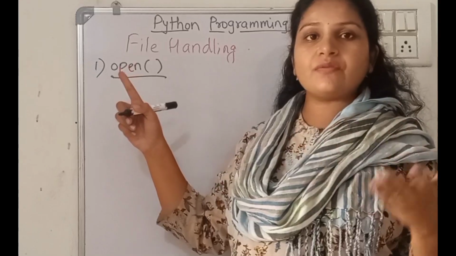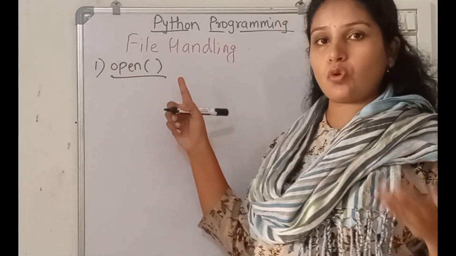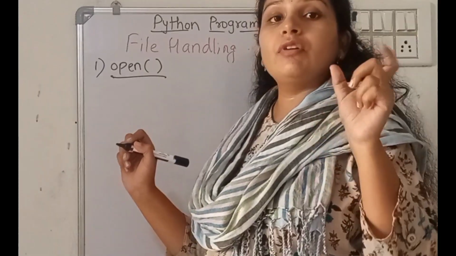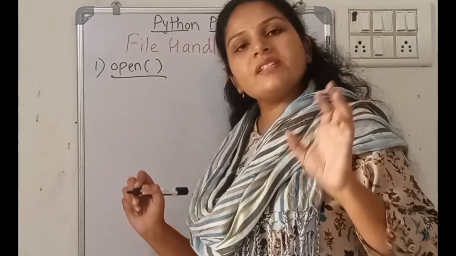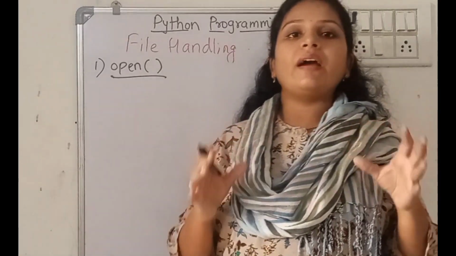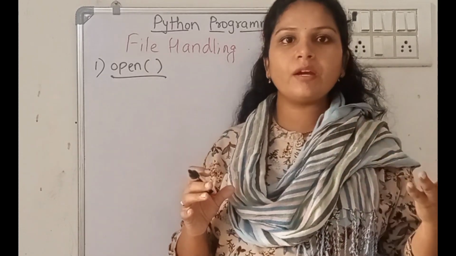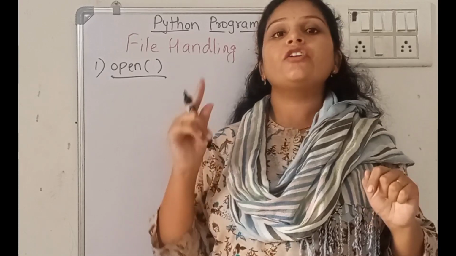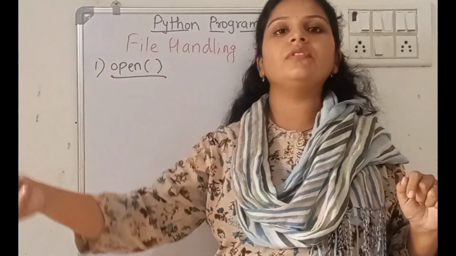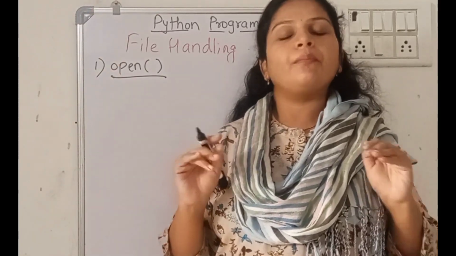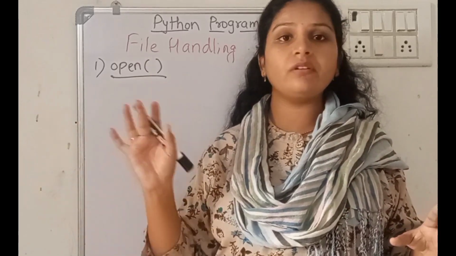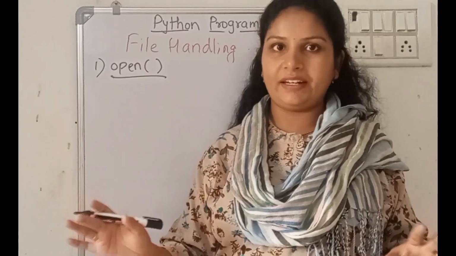As we have seen, to open any file, first we need to create one file object. What is the file object? File object is the variable-like object which we create in the Python program to get access to any file, because you cannot open any file directly and you cannot read it or write to the file directly.